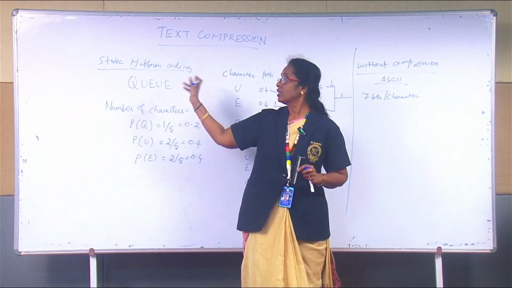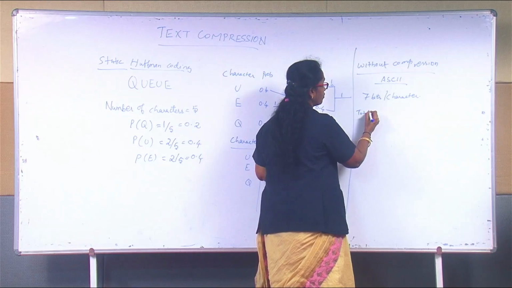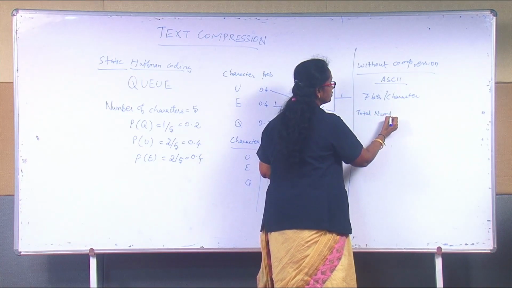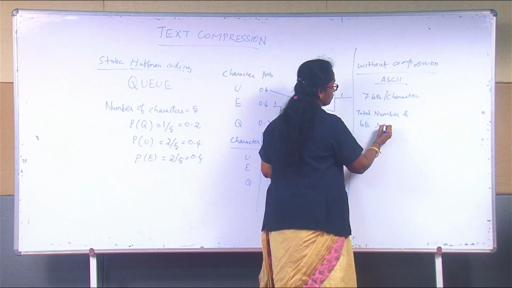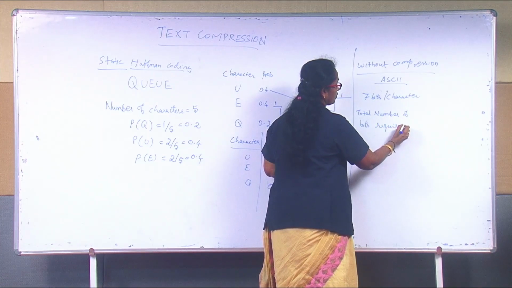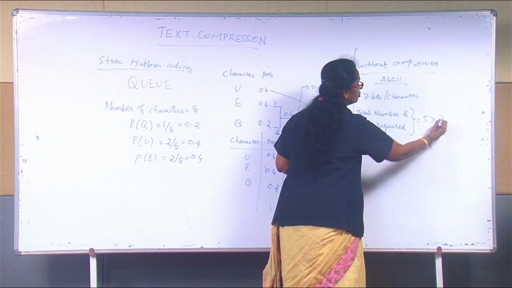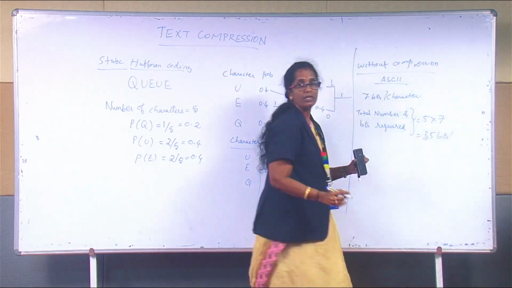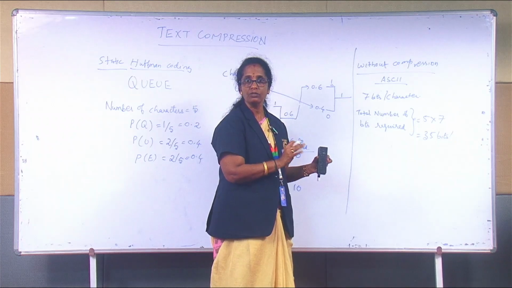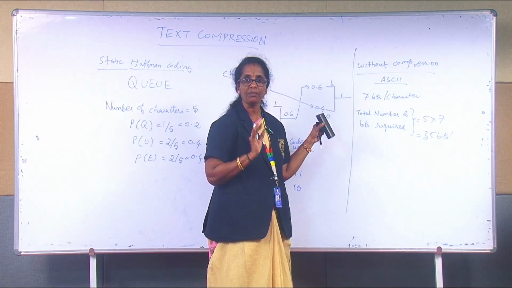Totally how many characters are there in this string? 5 characters. Therefore, the total number of bits required is 5 into 7, so totally 35 bits are required to transmit the string Q in the network through ASCII.